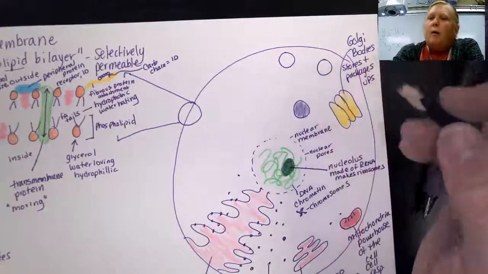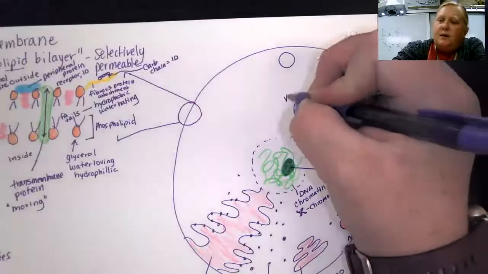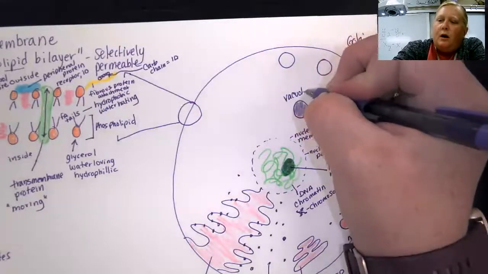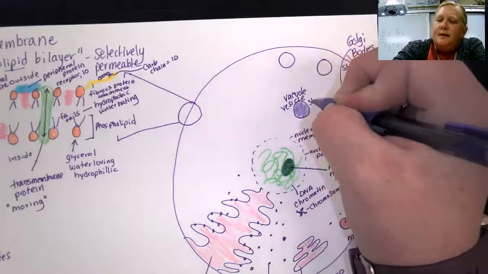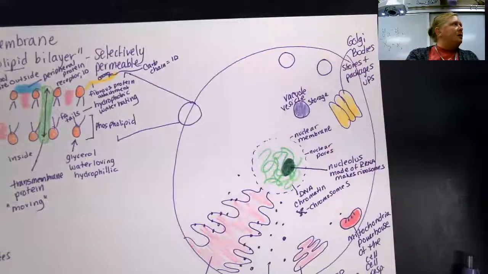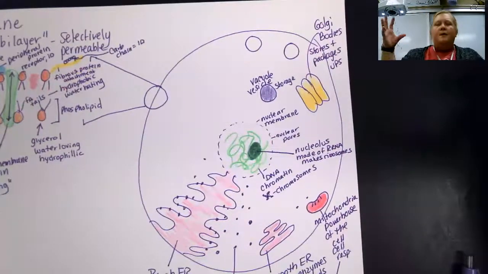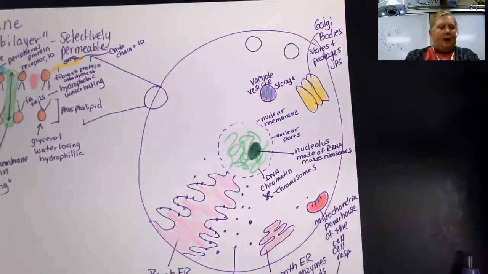We're going to worry about what it does. So we'll call this first circle a vacuole or vesicle. And this is a storage. It can be a storage of waste. It can be a storage of food items. It can be a packaging, like putting the trash bag out. It can be all of those things.